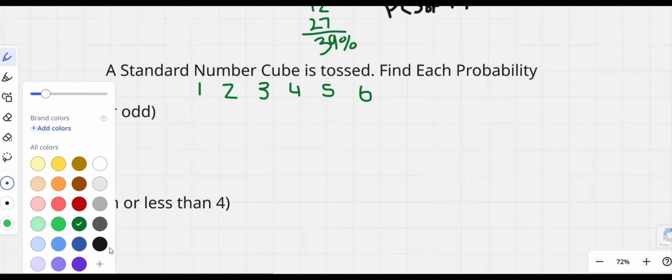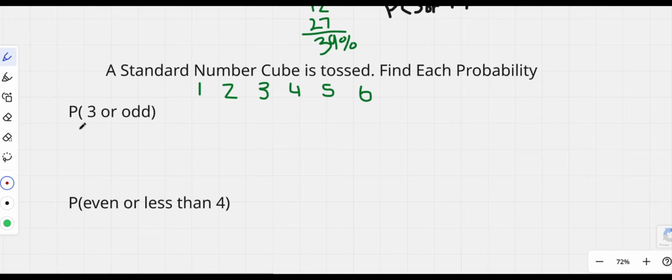For here, we're going to make P of 3. We're going to list out the set of the probability of rolling P of 3. All possible outcomes of rolling P of 3 is simply just going to be 3. There's only one number in that set.